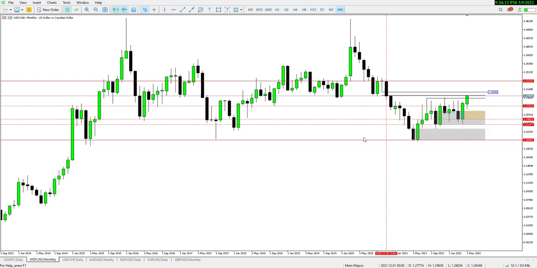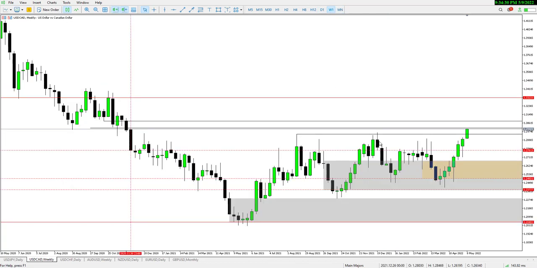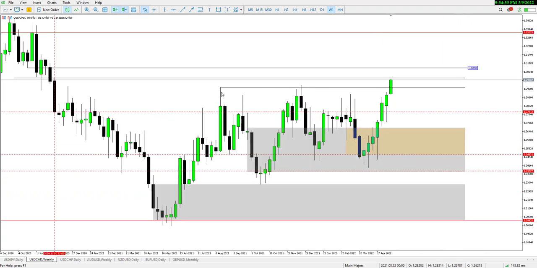So now once you've done that, try to find out if there's any important discount areas that you want to highlight on the monthly chart before you go to the daily chart. Now I'm just going to switch to the weekly chart quickly, and you can now see those relatively equal highs well illustrated, and price has broken to the upside. Now we cannot really classify this as a bullish breaker yet, but if today was Friday, this would have already closed.